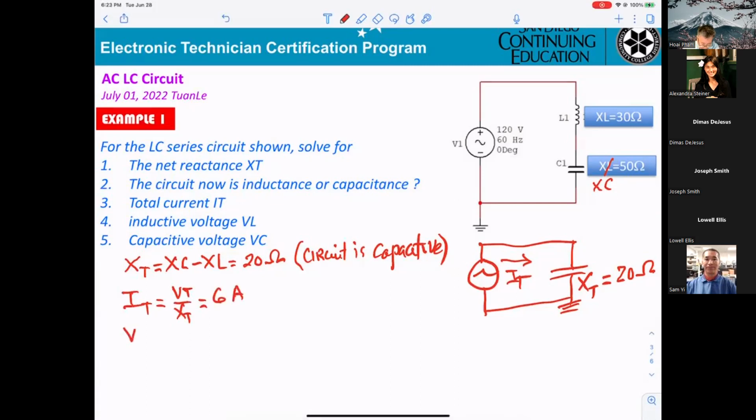And now you can calculate VL, 6 times 30. And VC, 6 times 50, equal 300.